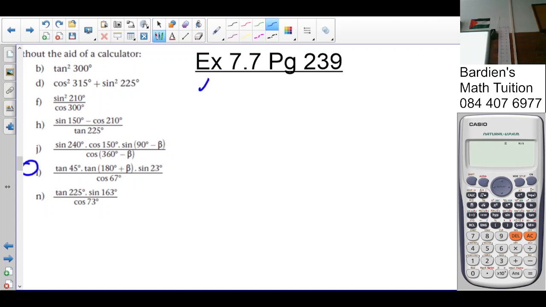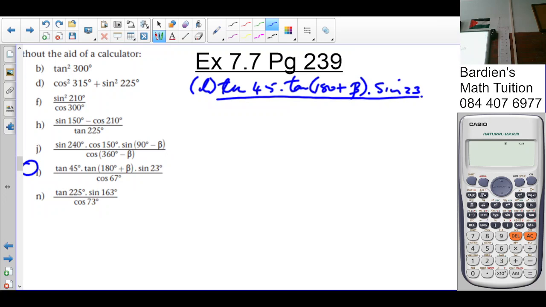So it's going to become tan 45 times tan of 180 plus beta, sine 23. Now 23 is not a special angle, right? Over cos 67. So I know 67 and 23 are going to be linked somehow. Okay? We're okay with that?